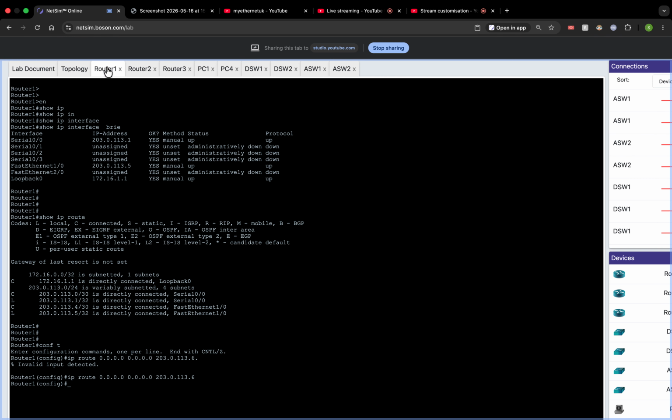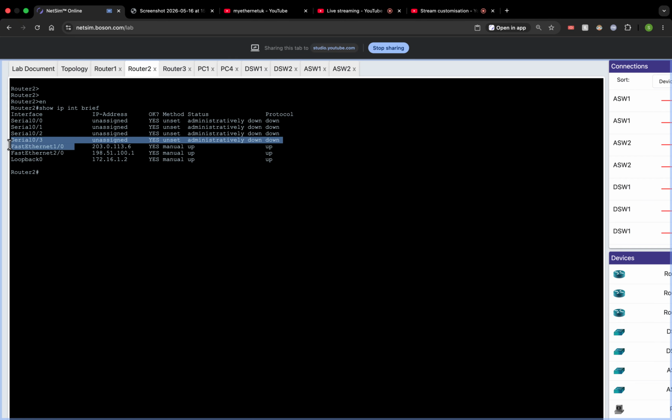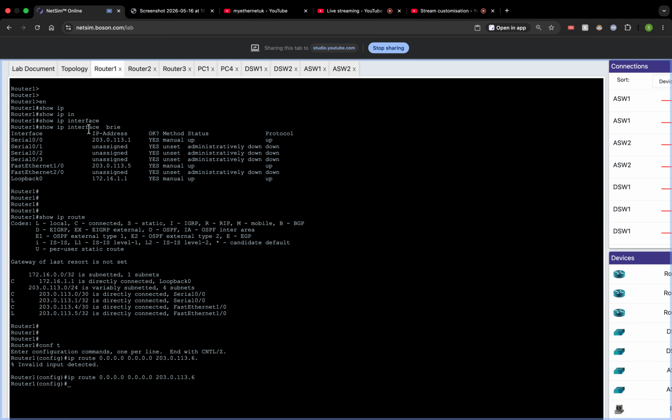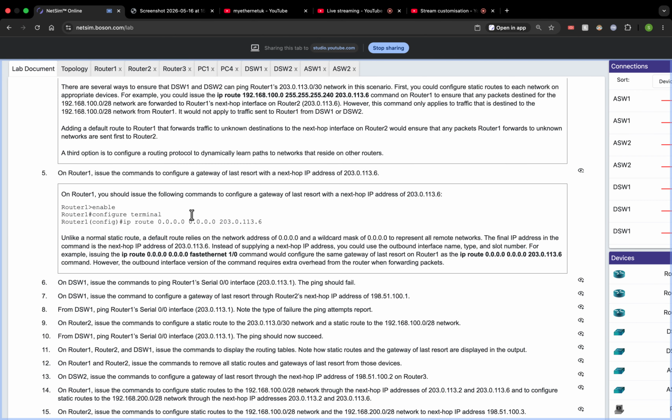If I remember correctly, the way to do it is conf t, IP route 0.0.0.0. We do 0.0.0.0 again, and then we paste that address. Right, it's not like that. Why not? Oh, sorry, I've got a dot at the end. That's worked there. So hopefully, that's the way we do it.